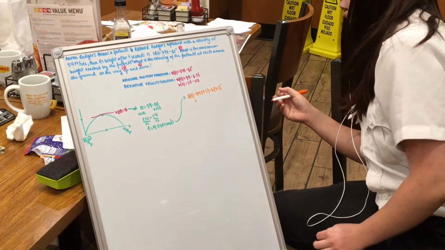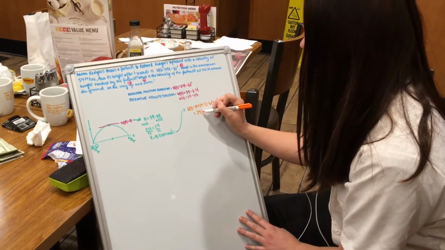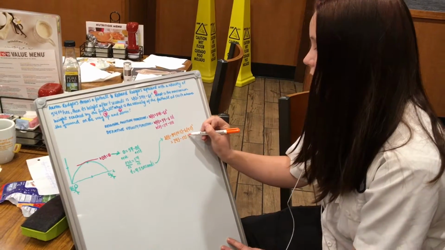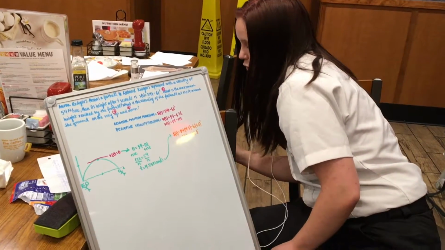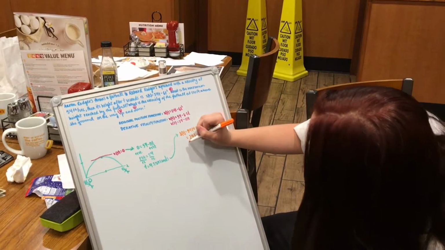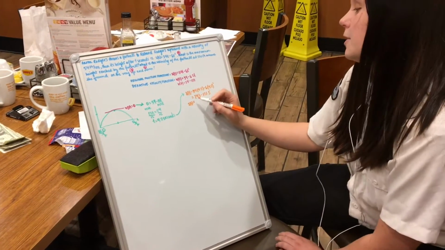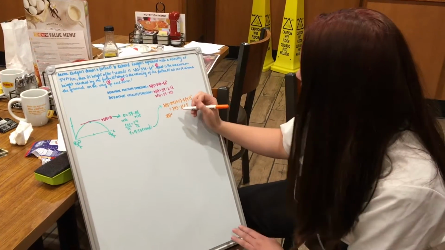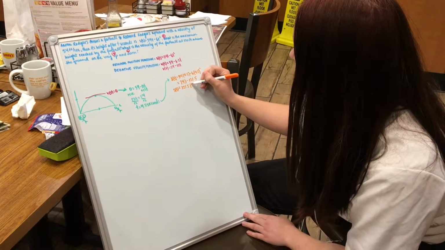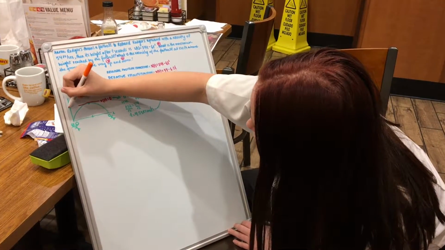Now, using PEMDAS, we know we're going to get 243 minus 121.5. Let me just verify that with my previous calculations. Awesome. Now we know that the height of the football at our maximum is going to be 121.5 feet.